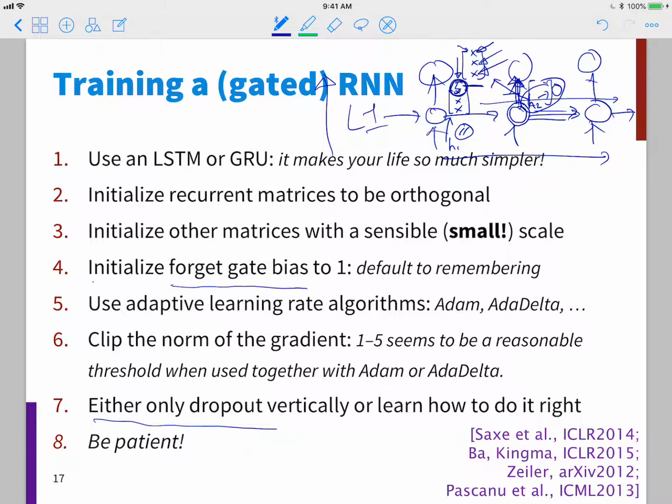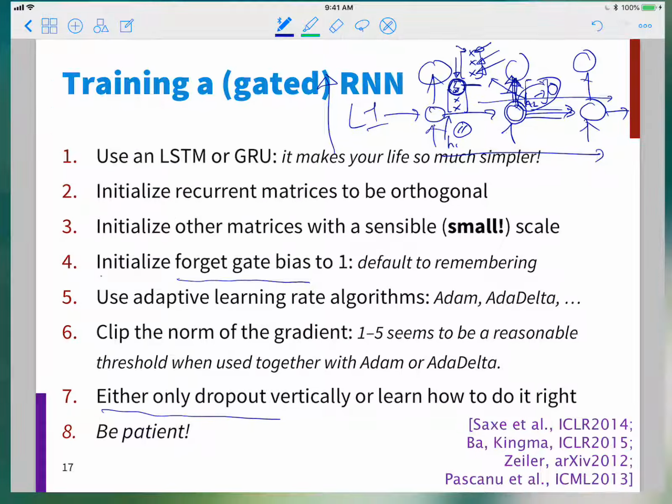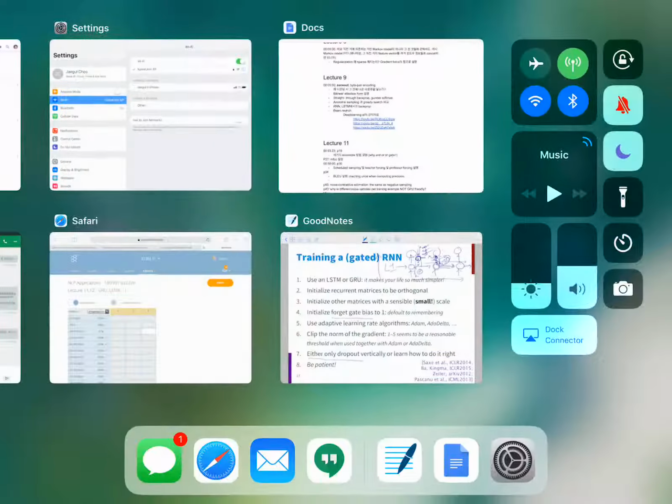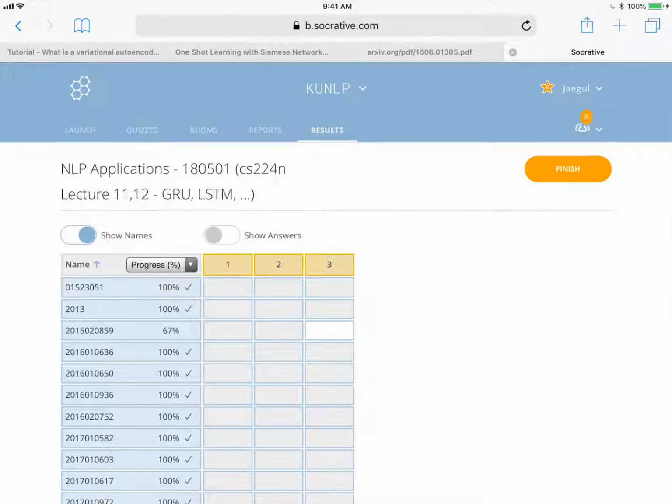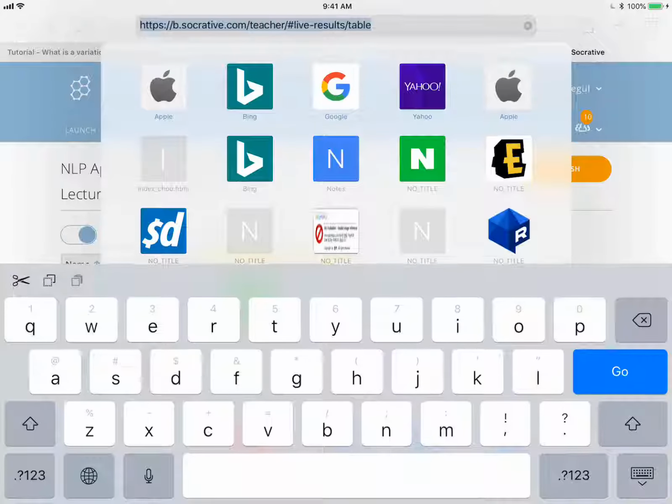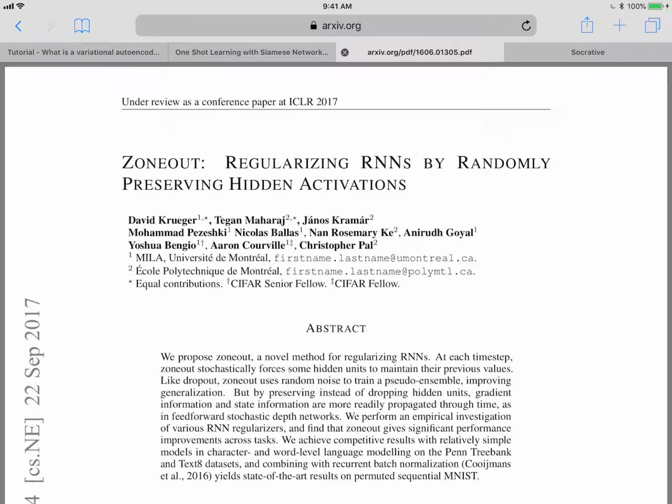How does it work? Okay, so the student gave a right answer. I'm not sure if there are any other dropout techniques applied in RNNs.